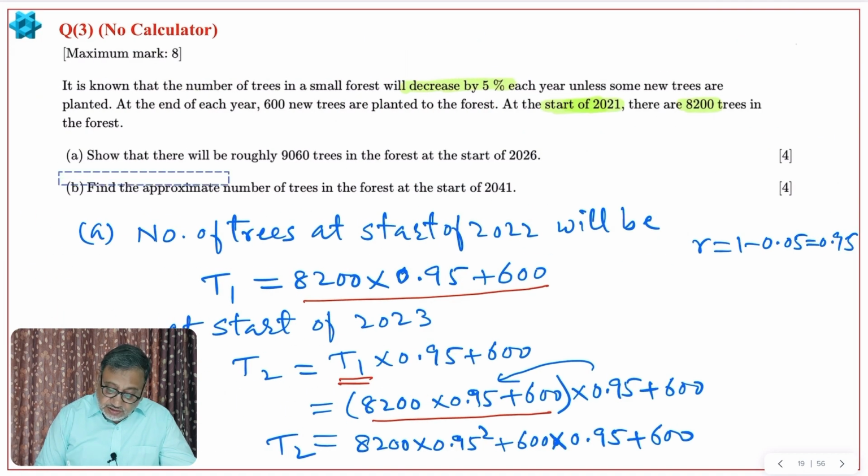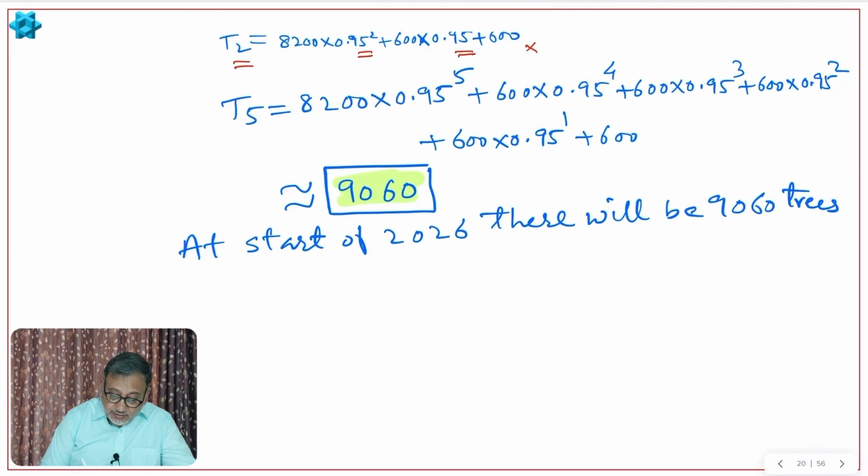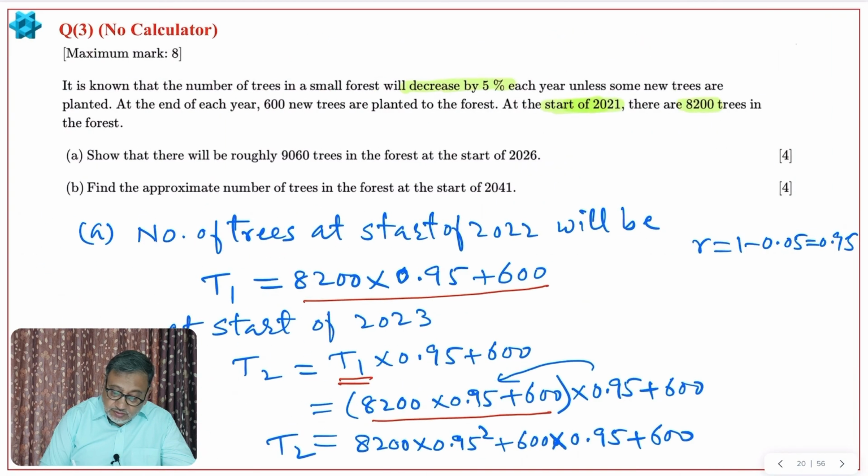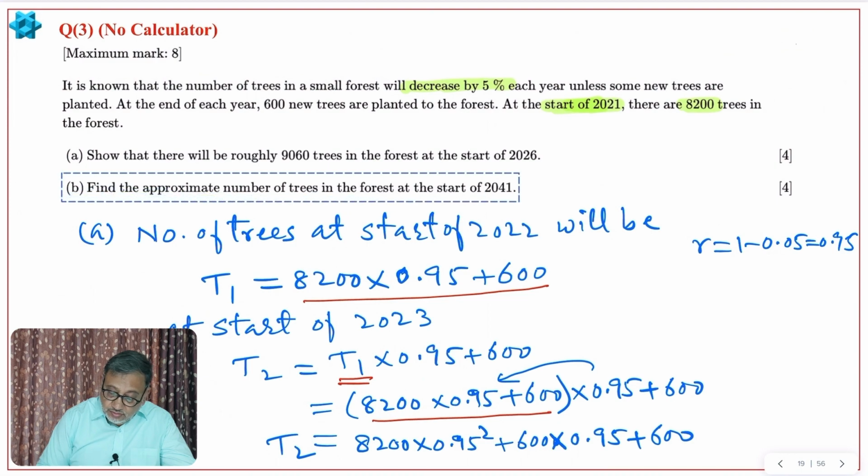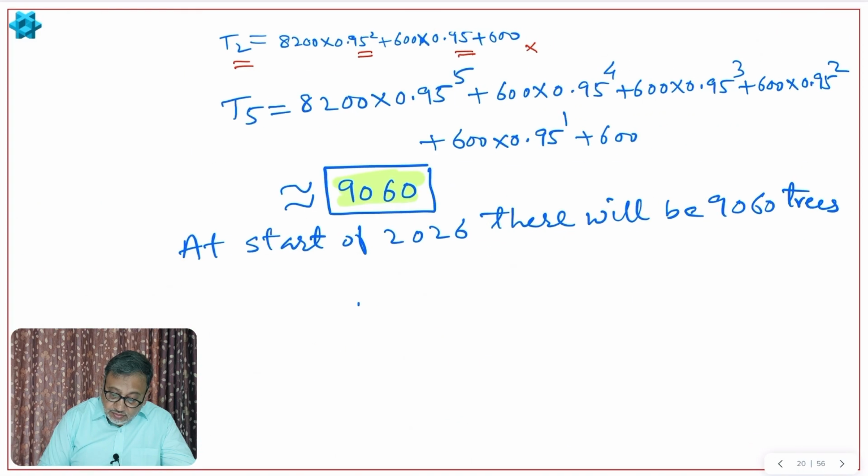What does it say? Find the approximate number of trees in the forest at the start of 2041. So B part, let me put it here.